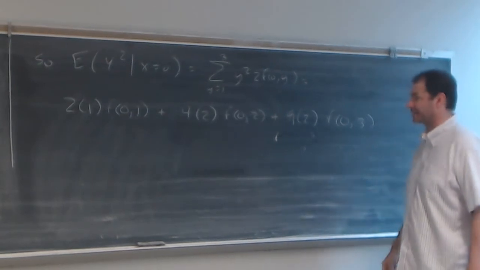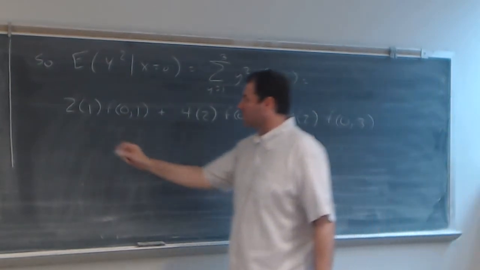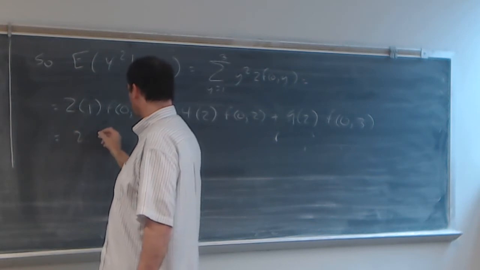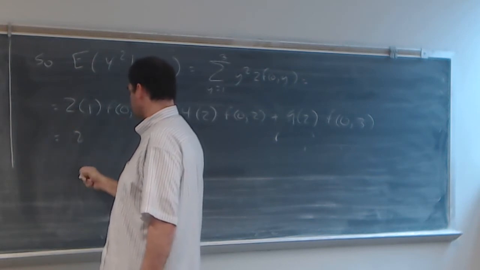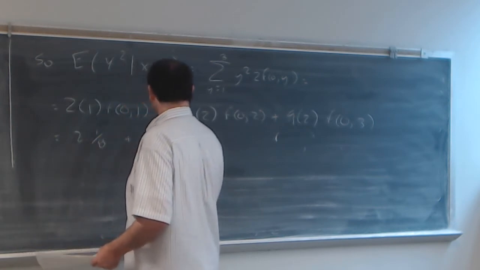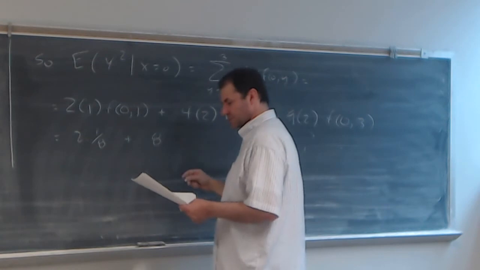Now, I've erased the chart. But that's equal to, let me see what the chart was, f of 0, 1 was 1/8. Plus, this is 8, f of 0, 2 was 2/8.